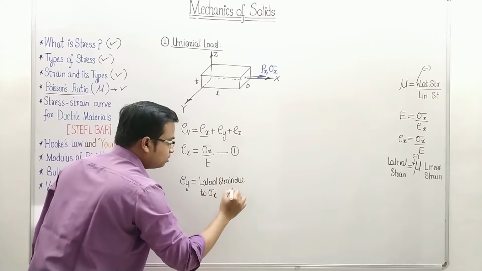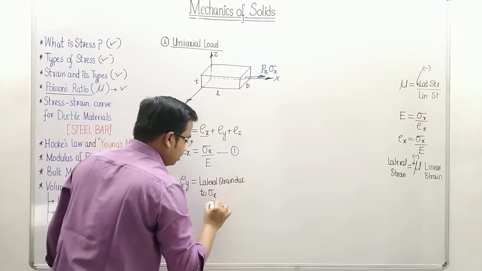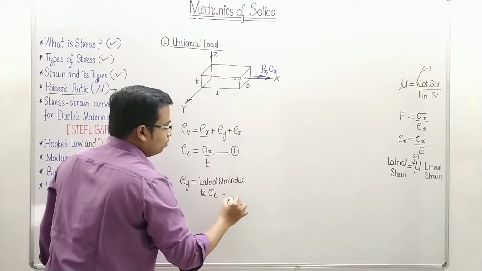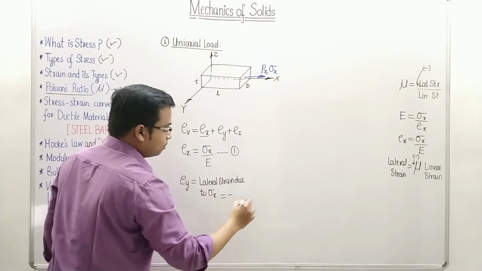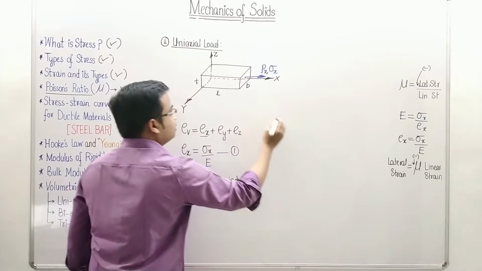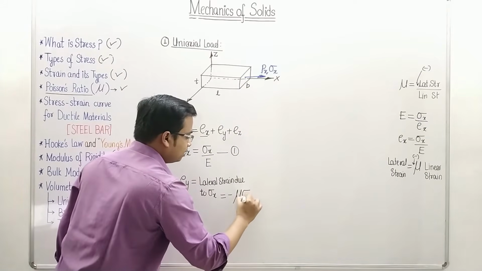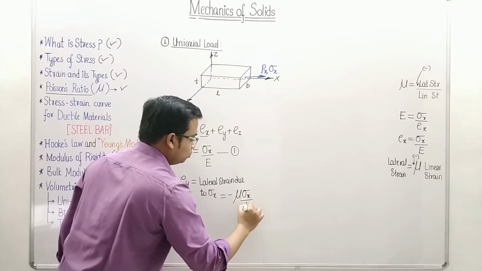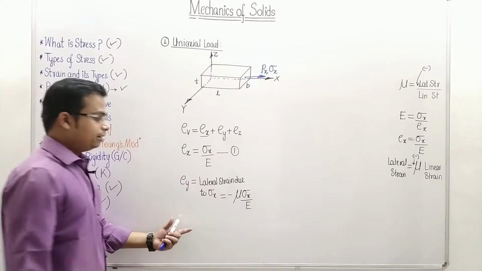So how can you express this? You can express it as minus mu times the linear strain, that is sigma x upon E. So this is how you can express lateral strain.